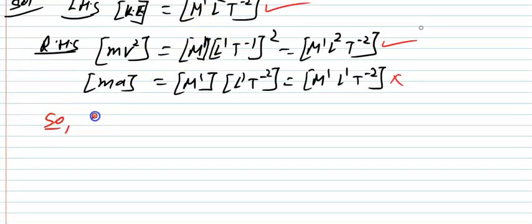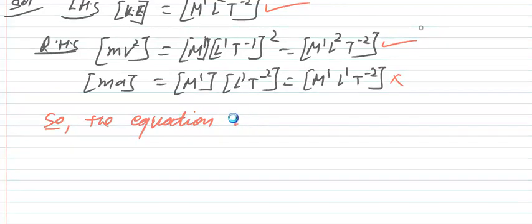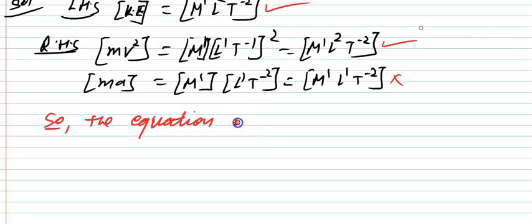So we can write over here that the given equation is incorrect dimensionally. Getting it?